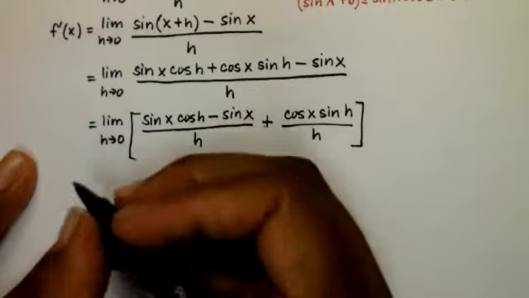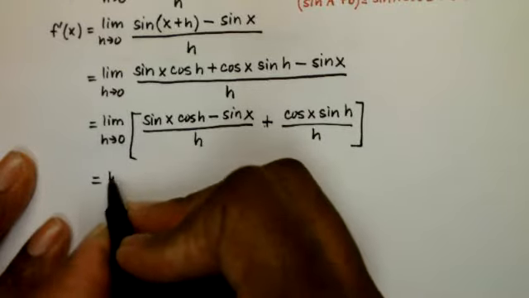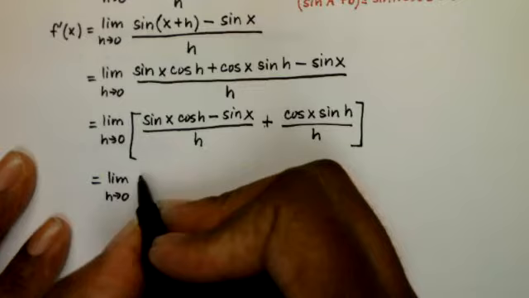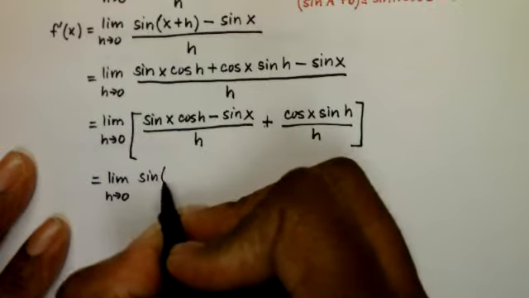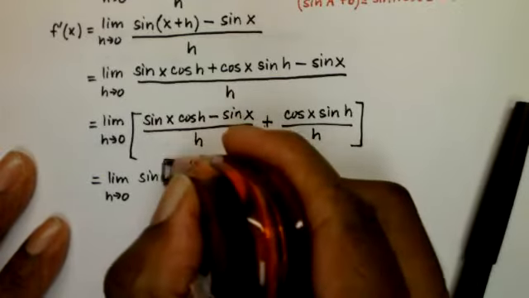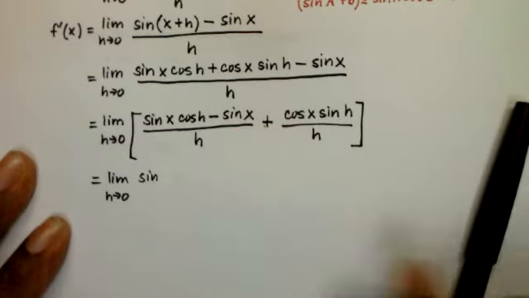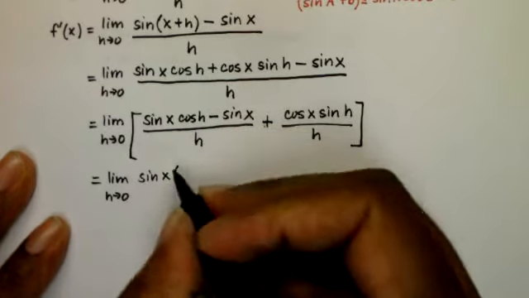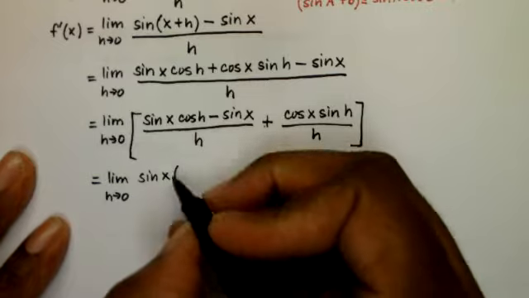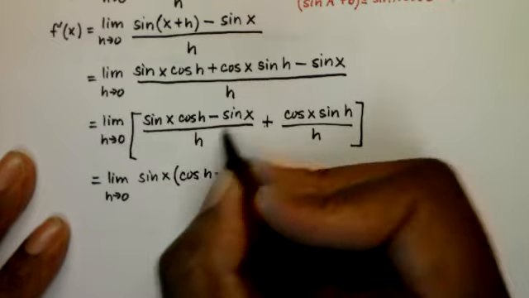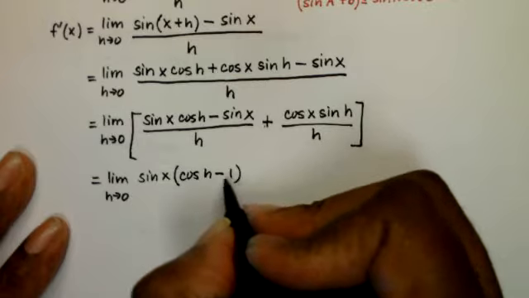So here, the limit as h approaches 0 of, if I factor out sine of x, just factor out the sine of x, then I'm going to have this. I'll be left with cosine of h minus sine of x divided by itself will be 1.